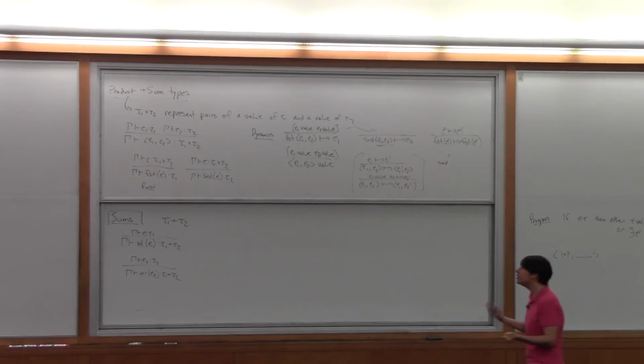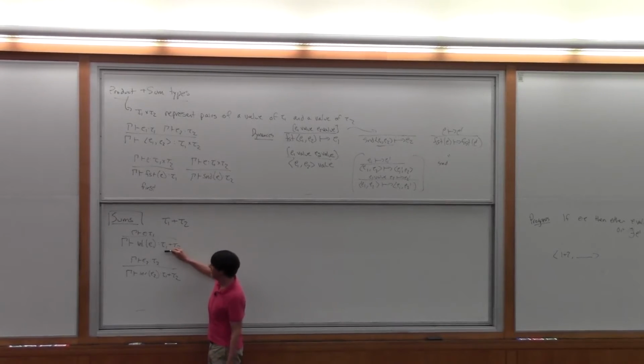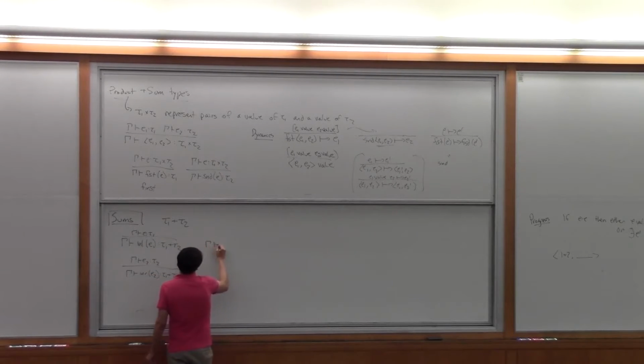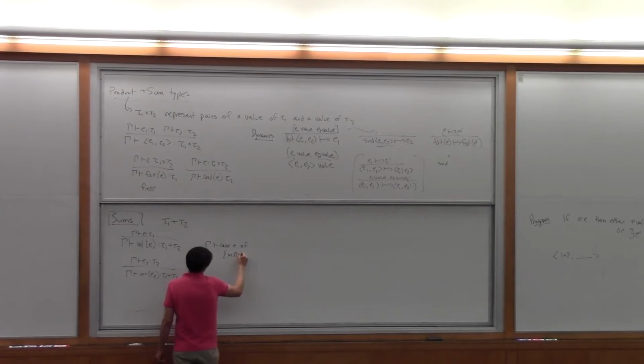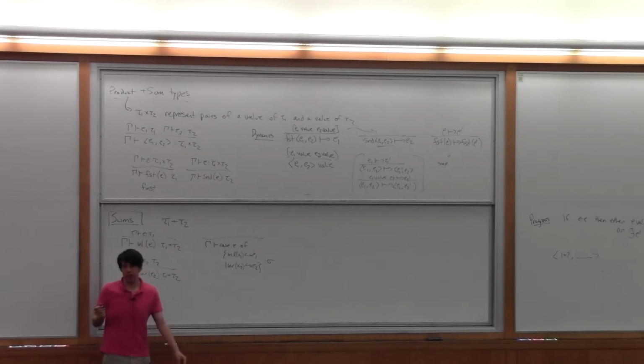So how do we undo that in the elimination form? If we know that a value of this type is either of this form or of this form, that's what motivates having a case analysis principle where in left of x1 goes to something, or in right of x2 goes to something, as our elimination rule. Okay?